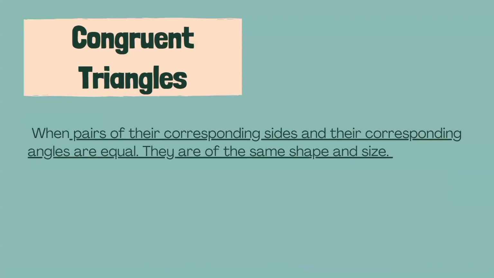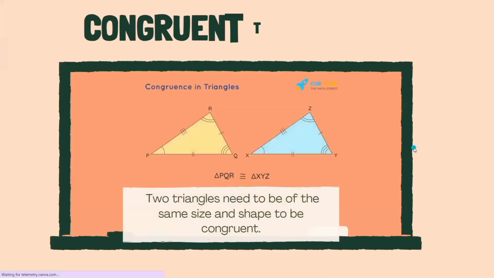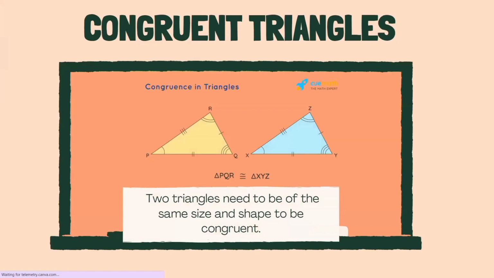Congruent triangles: when pairs of their corresponding sides and their corresponding angles are equal, they are of the same shape and size. Two triangles need to be of the same size and shape to be congruent.